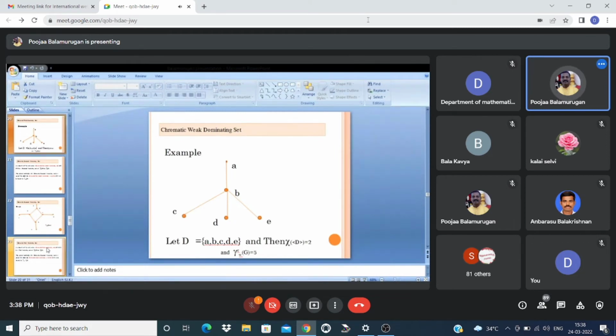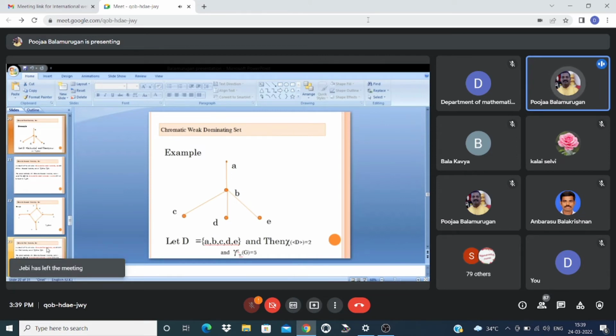A graph G is domination balanced if there exists a strong dominating set D1 and a weak dominating set D2 such that D1 intersection D2 is equal to empty. This is the domination balanced graph defined by Sampath Kumar.